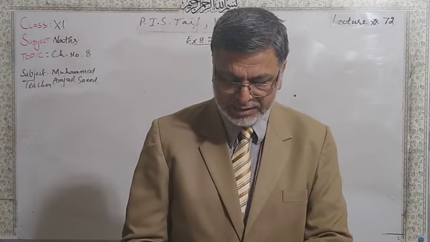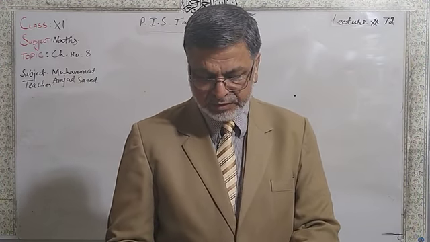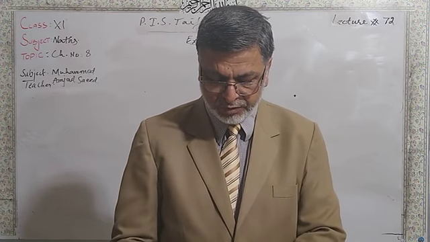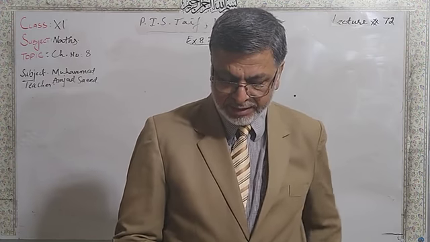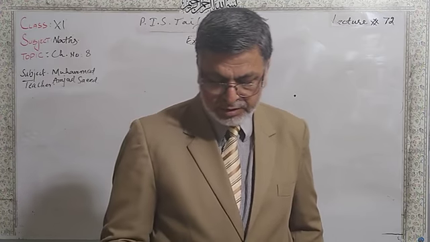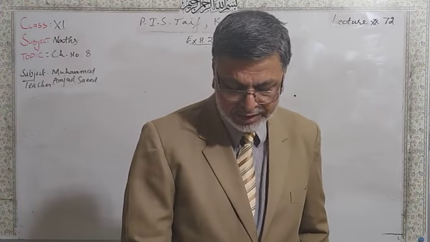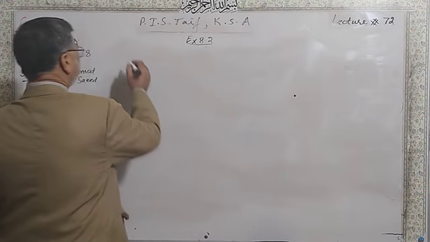After that we have question number 6 and there are 3 parts, part number 2, 3 and 4. So I am taking part number 2 and 3. Question number 6.